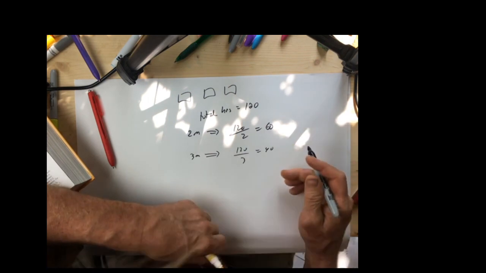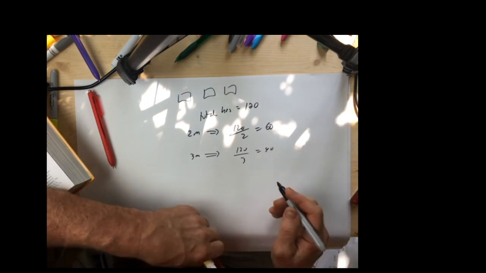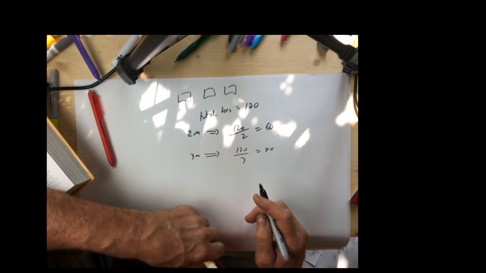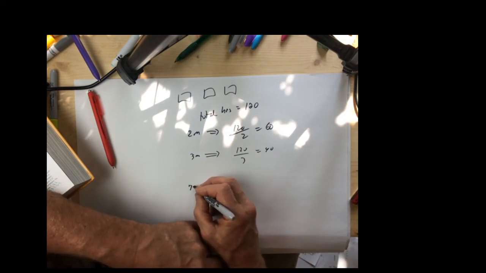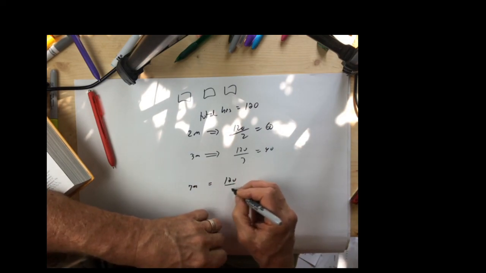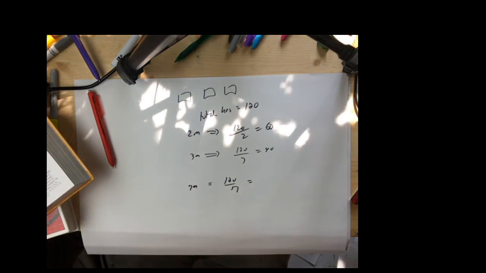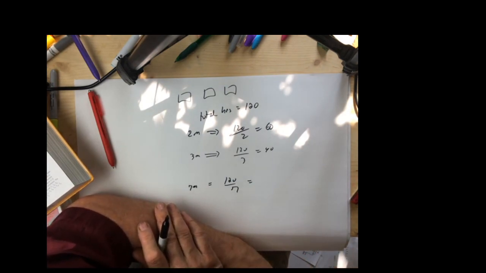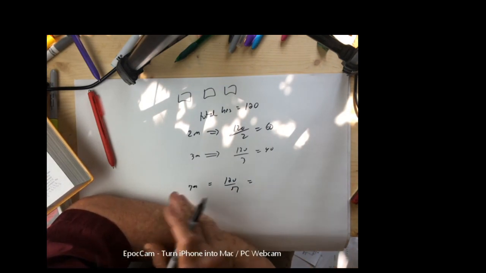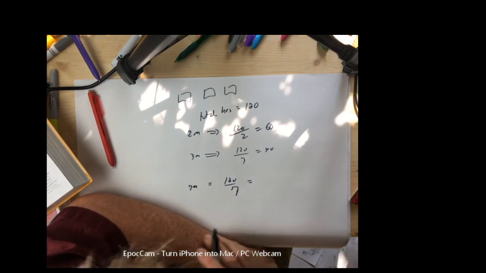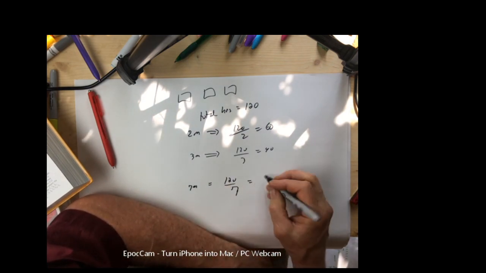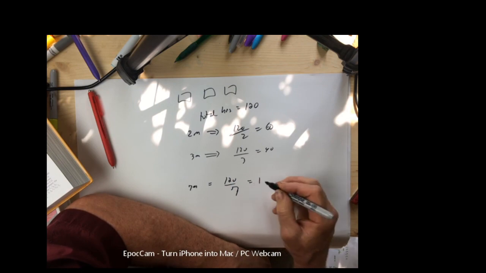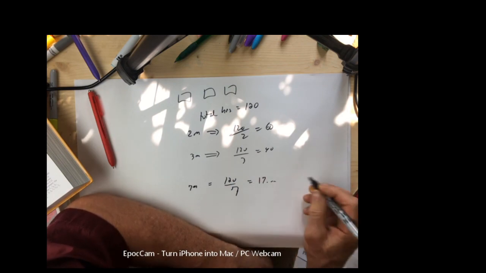If you finish in 40 hours, that's great because no downtime: 40, 40, 40. But let's say you had 7 machines, 120 divided by 7, and let's say no jobs can be broken up, no decimals, everything's in even units. Well, does 7 go evenly into 120? No. 7 goes into 12 once, it leaves 50, 17 point something.